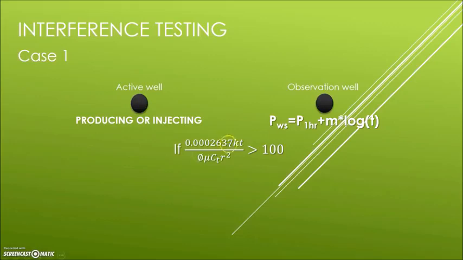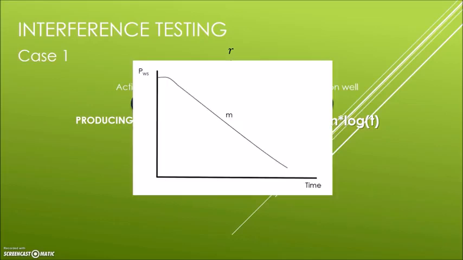For this formula to be applicable, the value of 0.002637 times K times T over porosity times mu times Ct times R square must be greater than 100. To calculate this value, we must first plot a semi-log graph using the obtained data, P against time.